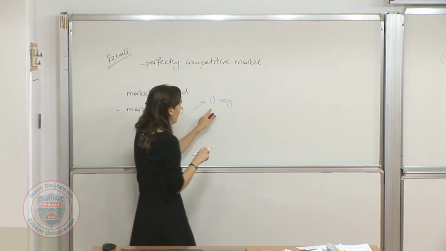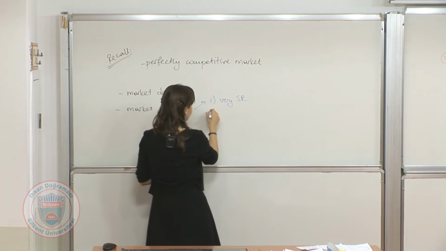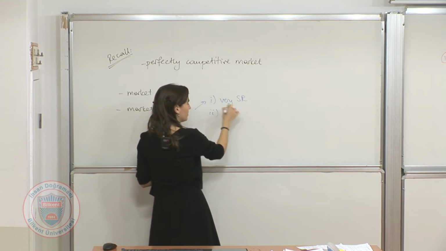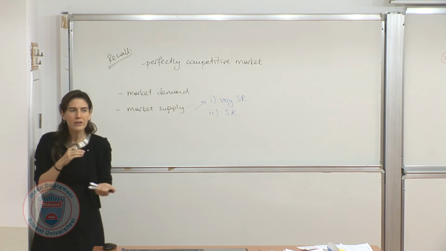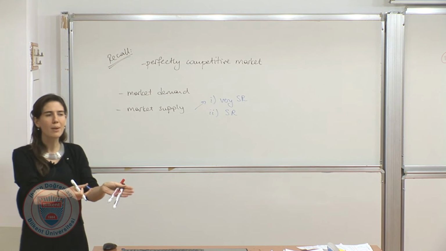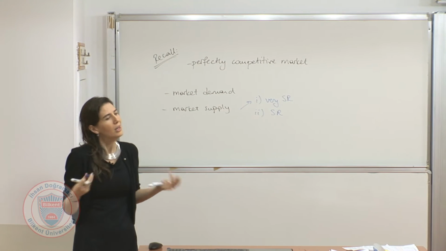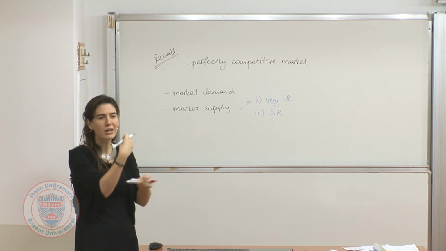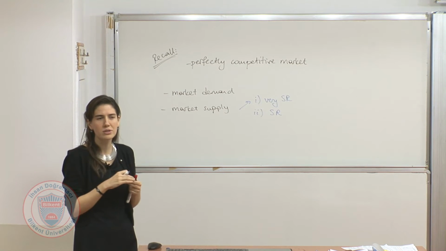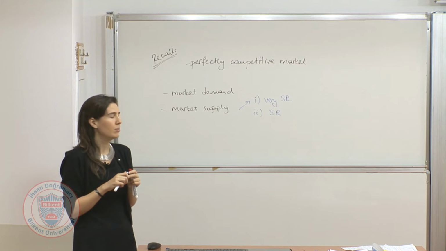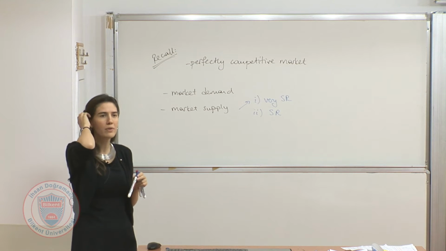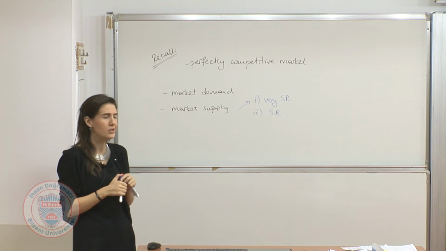We said very short run, and short run, right? In the very short run, remember, you went to the farmer's market with all your tomatoes. There's no way you can increase or decrease your output when you observe some change in price or whatever.